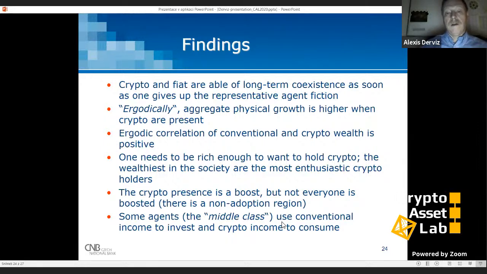It turns out that although the richest really reduce their physical investment, what saves the day is the middle class, those people who are not in the non-adoption region, but who have enough to take a chance. They know that some of the crypto wealth can be lost.